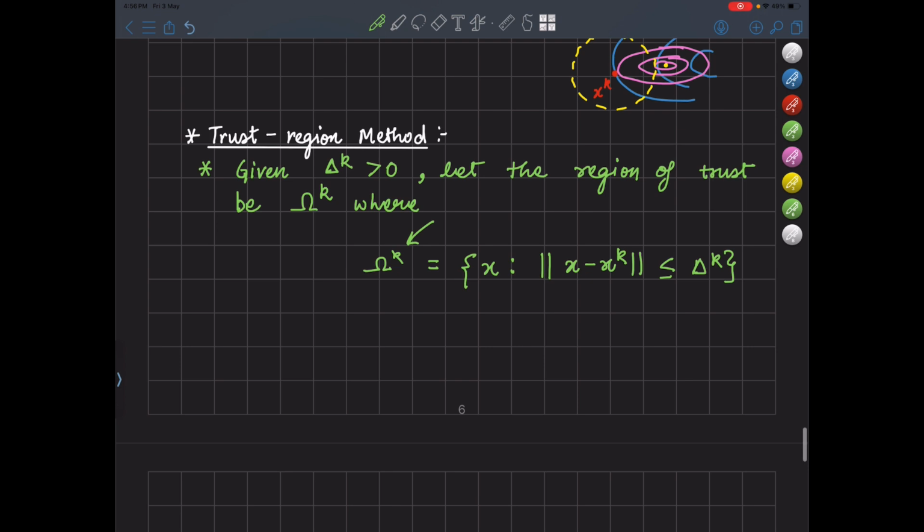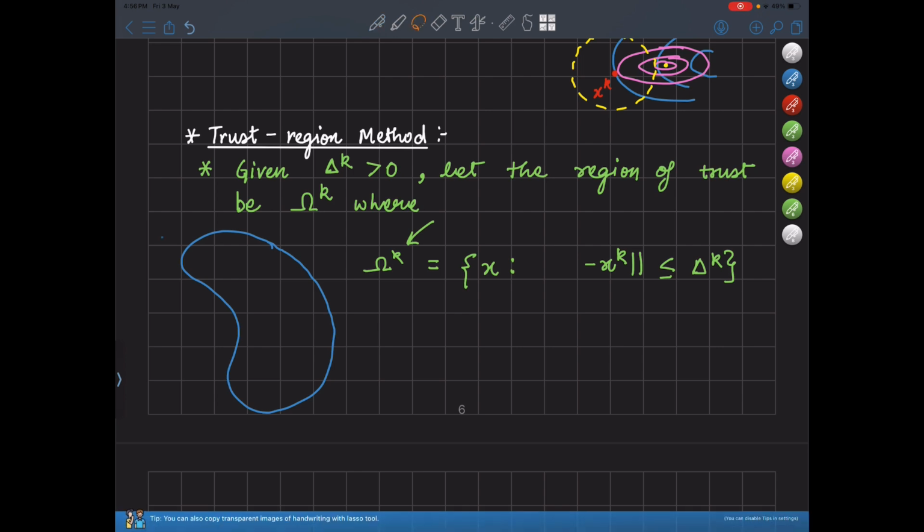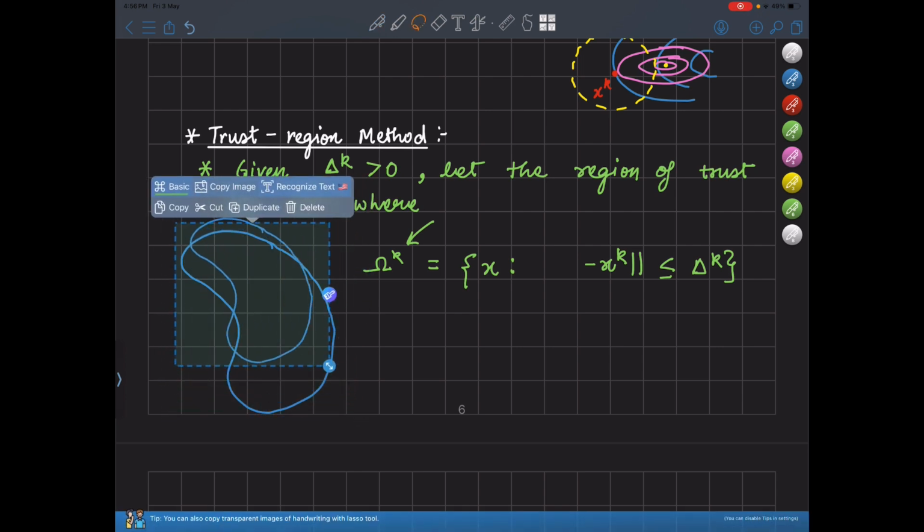Let's show it to you visually. Let's say this is some function, and this is its contour map.